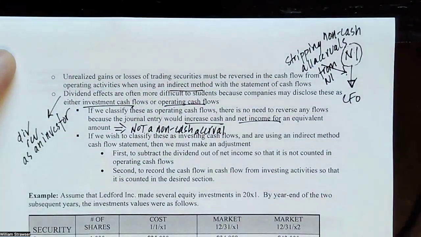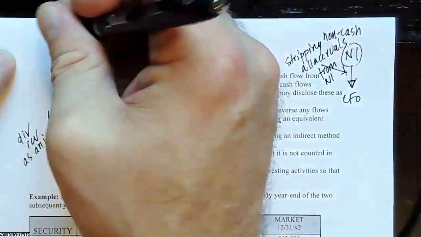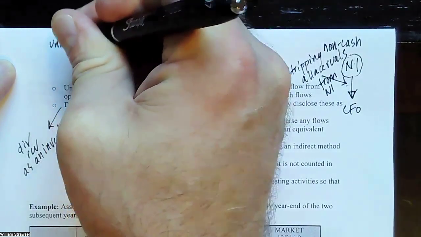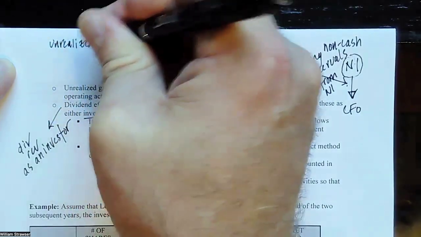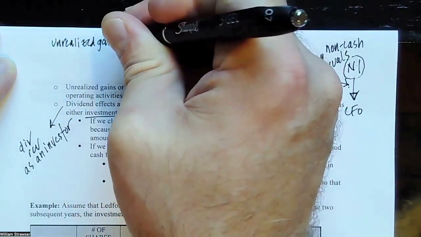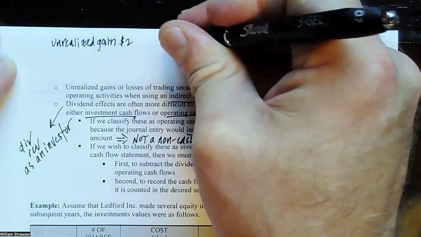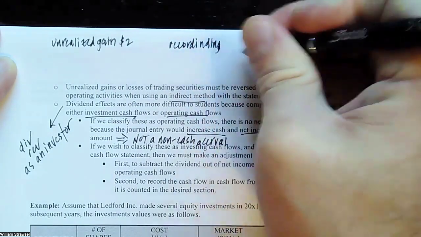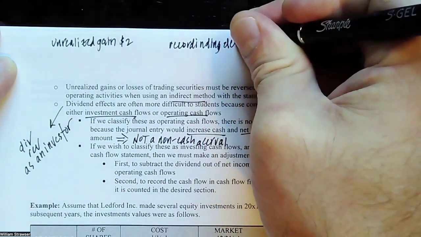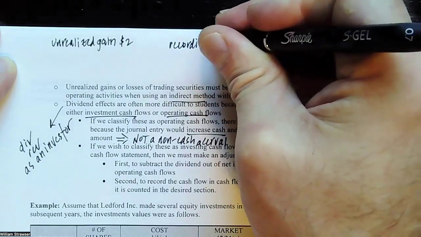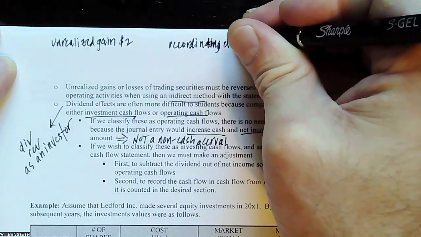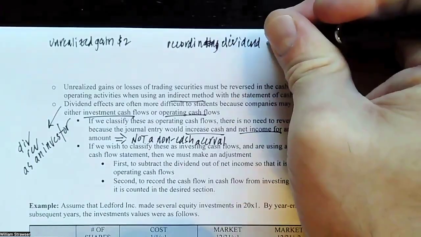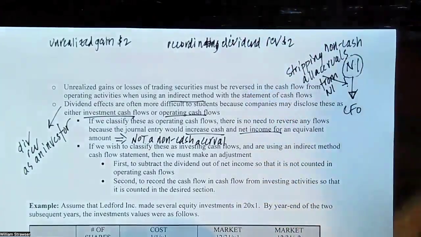Think about it, and I can write the two journal entries pretty simply. If we record, let's say, an unrealized gain of $2 versus we're recording dividend revenue for $2.